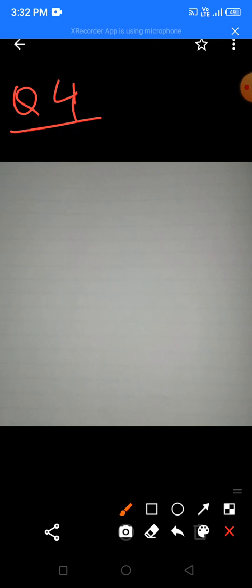This is question number 4, children. Again what is the number? 85,70,312. So again we will write 85 lakhs 70,312.